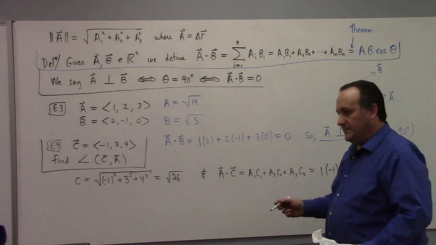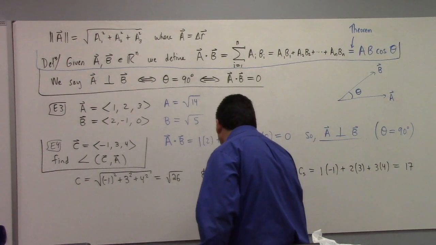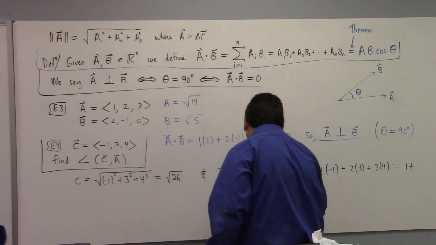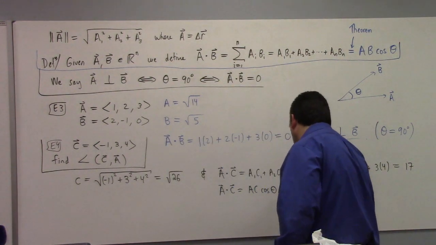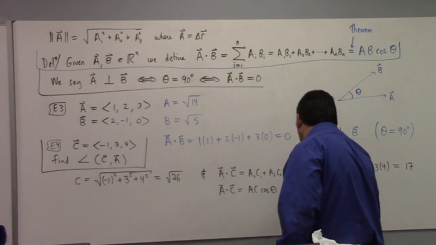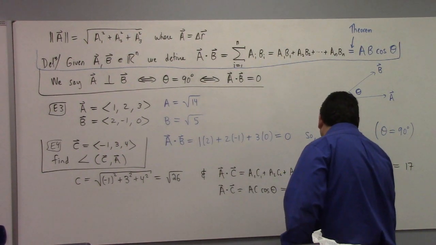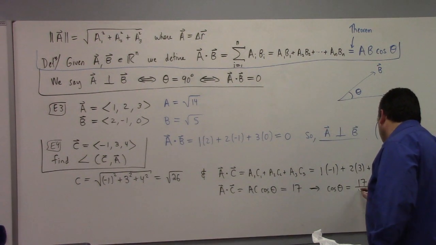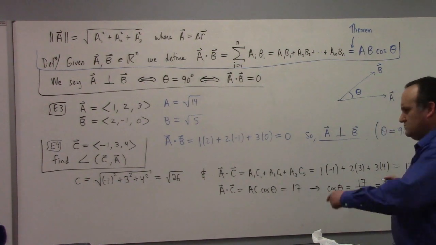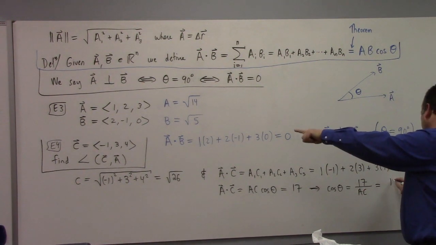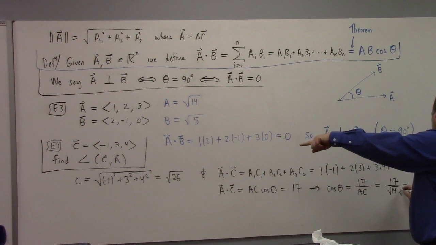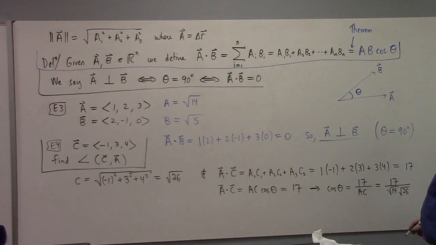But we also have the theorem, which says A dot C is equal to the magnitude of A times the magnitude of C times the cosine of the angle we don't know. So cosine theta is 17 over the magnitudes of A and C. A is the square root of 14, and C is the square root of 26. So what does this make theta?